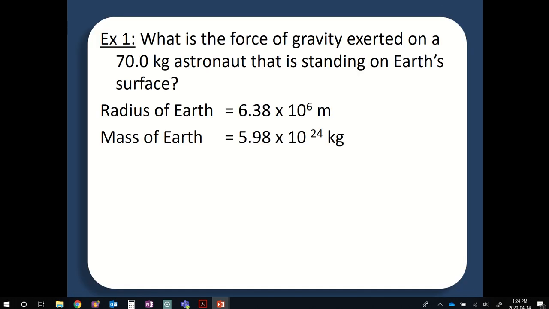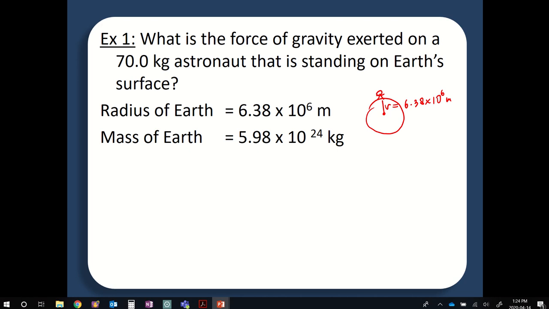So this question says, what is the force of gravity exerted on a 70 kilogram astronaut that is standing on Earth's surface? So here is the radius of Earth, which means that we have our Earth. Here's the center. Here's the R value, 6.38 times 10 to the 6th meters. And here's the person standing on the surface.